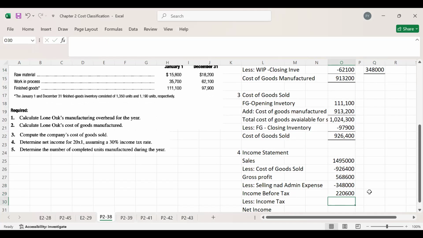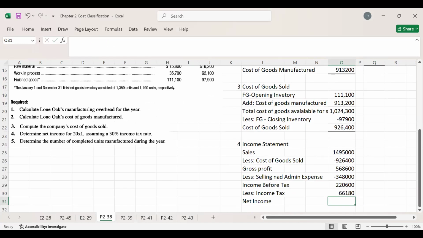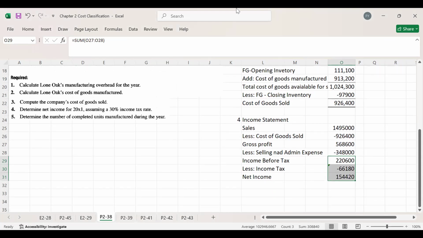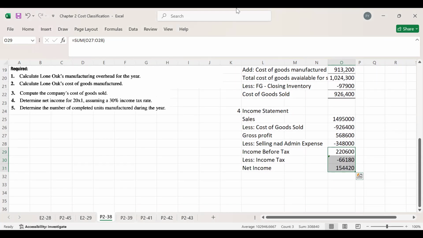The tax rate is 30%. So we are going to calculate 30% of income before tax, which is 220,600. Now we will deduct this from the profit before tax. So the net income would be 154,420.